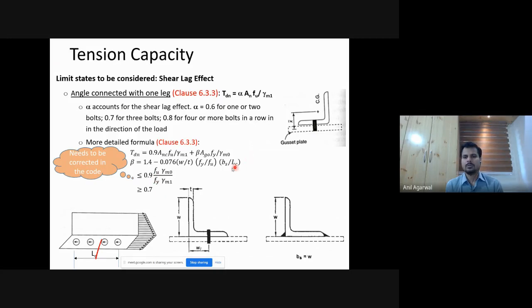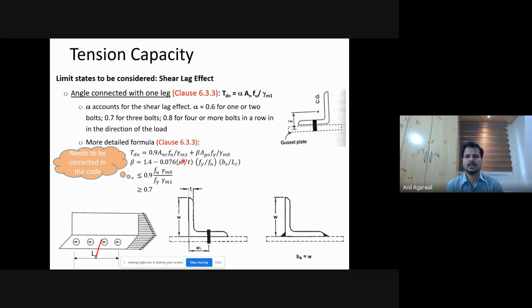Okay, so anyway, these I will not discuss too much. Of course, these are all basically empirical. This one is of use for us. So the beta here, LC has a role to play. So if your LC is larger, that is the length of the connection is larger, then this expression is small.